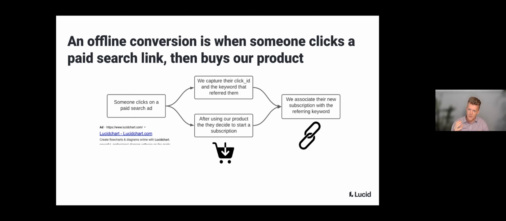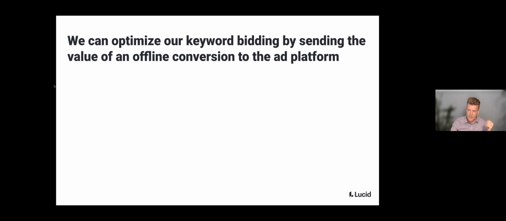Then we're able to associate their new subscription with that referring keyword on that referring platform. And there's a lot more to it, but the takeaway I want you to have is that we can optimize our keyword bidding by sending the value of an offline conversion back to that ad platform.